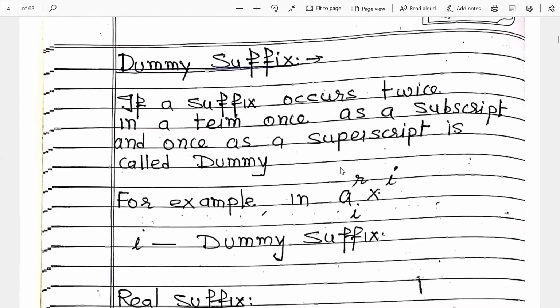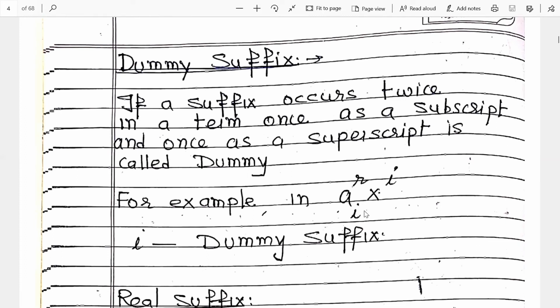Now, what is a dummy suffix? We already discussed: if a suffix occurs twice in a term, once as a subscript and once as a superscript, then it is a dummy suffix. Remember, if a suffix occurs twice in a term, once as a subscript and once as a superscript.